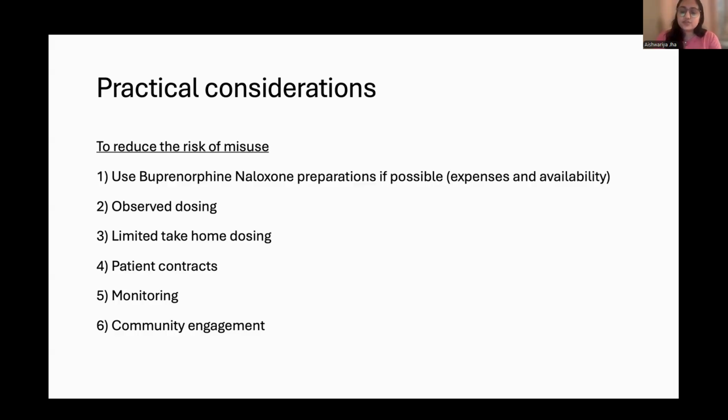Then monitoring: if urine monitoring is possible at your center, then that's perfect. If not, we'll have to look at other reports and corroboratory evidence from family members, etc. Another way to reduce misuse is to engage them in meaningful work and other community support systems. So yeah, that's the end of my presentation.